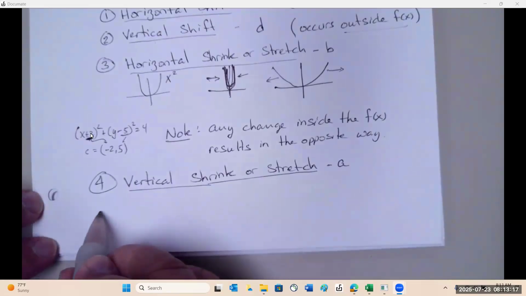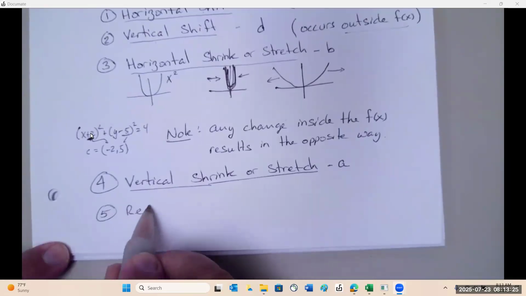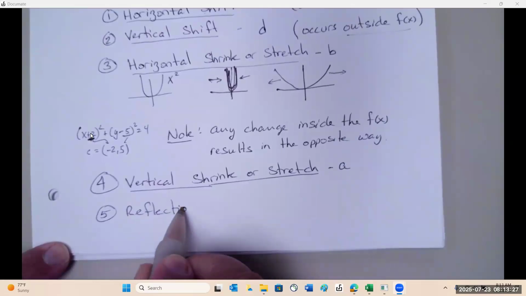There's a fifth one that we're going to talk about that is a form of transformation. We call those reflections.